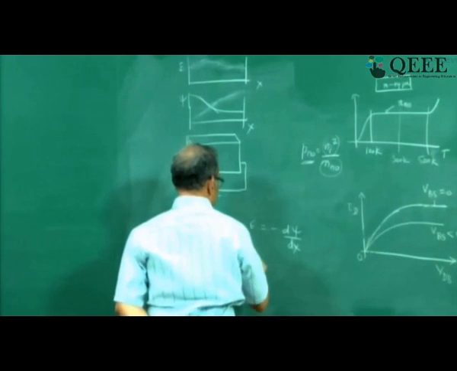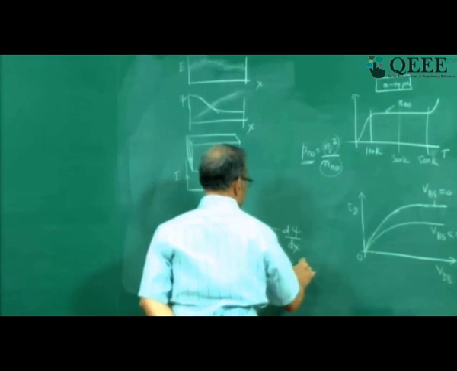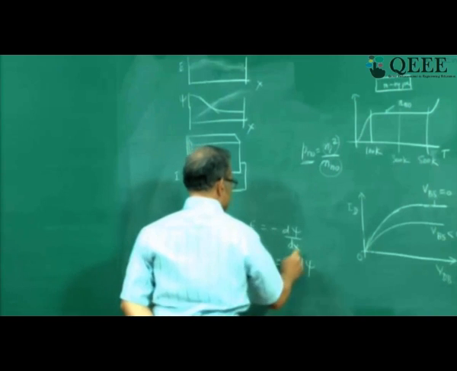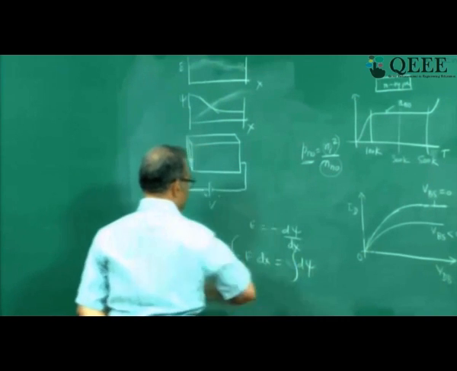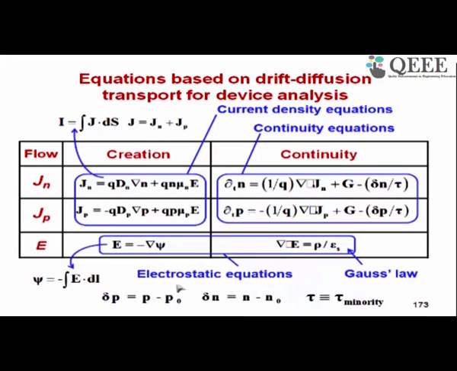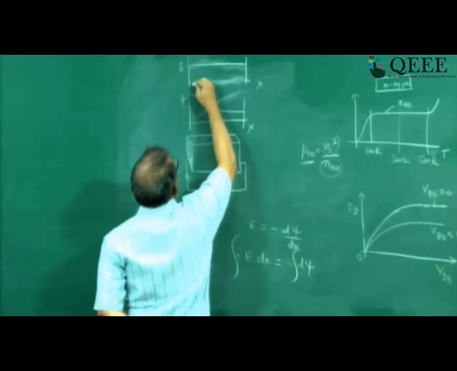And if you try to integrate, so E dx is equal to minus d psi, or minus E dx is d psi. Then you integrate this. So you get the potential from the integration of the electric field. That is what is shown here. Instead of x, I have put L here as a line. Psi is minus integral E dot dl. So the field may be something like this.